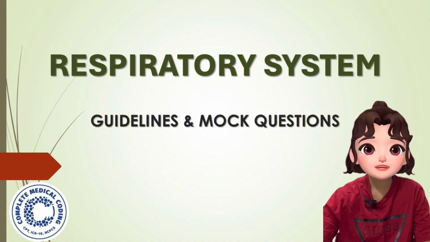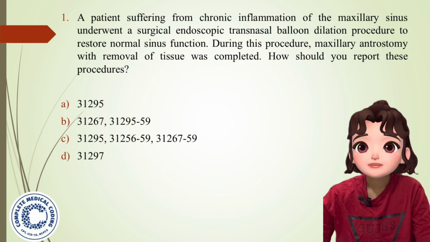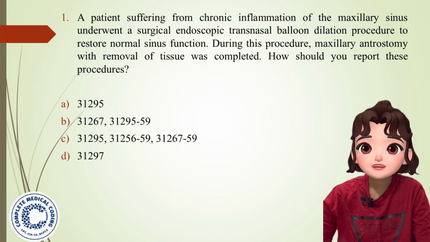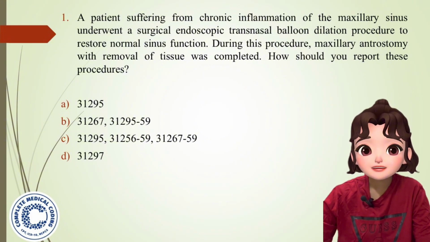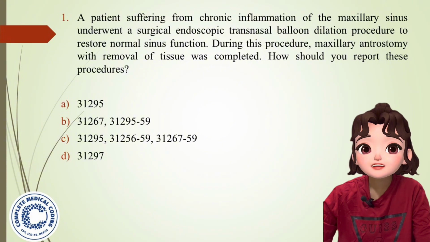And moving to the first question. A patient suffering from chronic inflammation of the maxillary sinus underwent a surgical endoscopic transnasal balloon dilation procedure to restore normal sinus function. During this procedure, maxillary antrostomy with removal of tissue was completed. How should you report these procedures? So here, chronic inflammation of maxillary sinus.